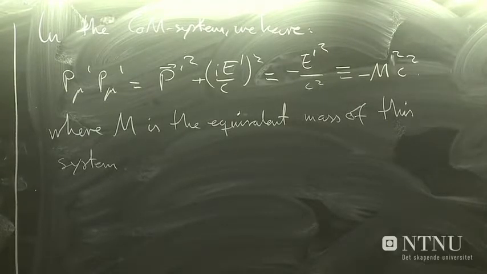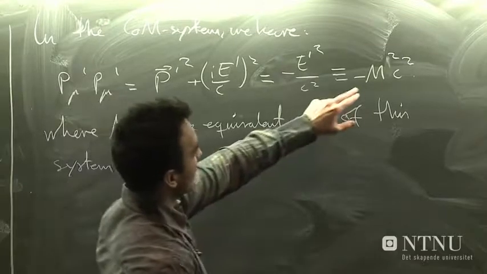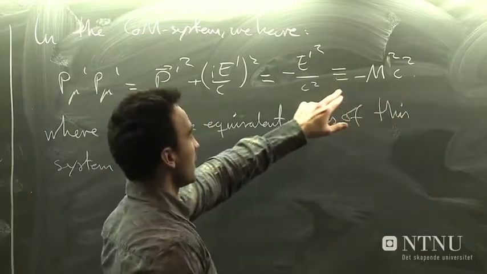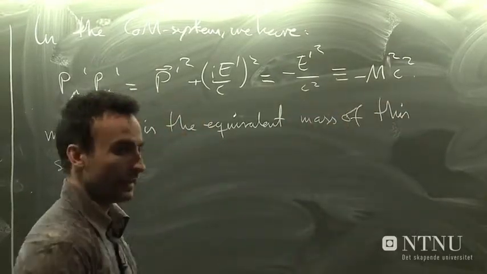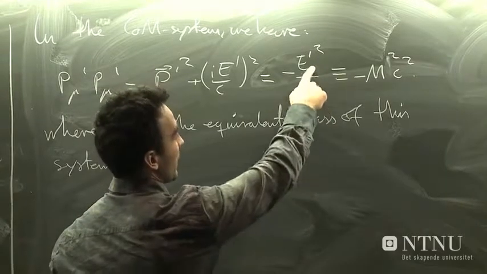So p mu prime squared should be equal to an invariant, which we define like this. And in the center of mass system, this invariant is expressed by the energy.